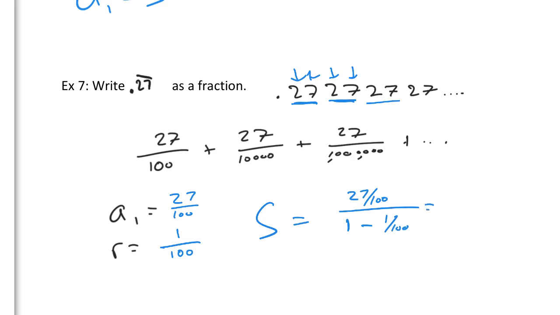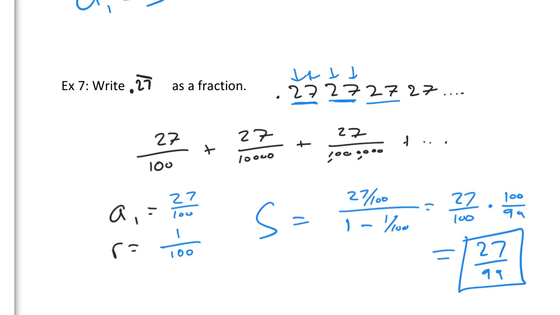And if you did that, you get 27 over 100 times, this is going to be 99/100ths, so 100 over 99. Those 100s cancel out, so you get 27 over 99. And if you plug that in your calculator, you would see we get 0.27 repeating.